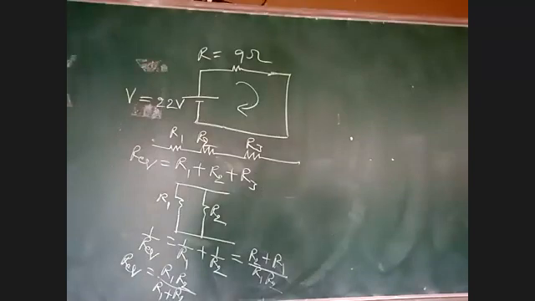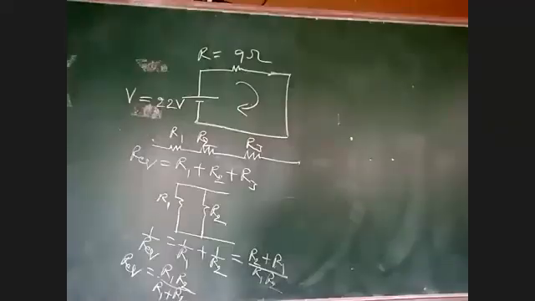You have to remember this formula. If two resistances are in parallel, please remember R equivalent is equal to R1 R2 by R1 plus R2, because we use this one in the problems. If two resistances are in parallel, directly I will take R1 R2 by R1 plus R2. From the next class onwards, I won't tell, directly I will use this formula. Okay.